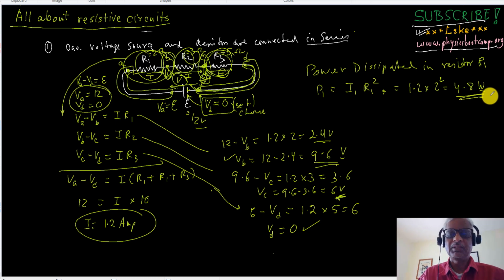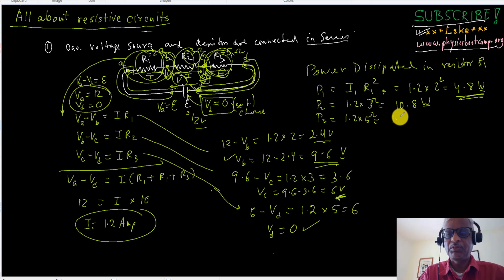That's the rate at which it is giving out the power, and P2 will be similarly 1.2 times 3 squared, which is 10.8 watts, and P3 will be 1.2 times 5 squared, which is 1.2 times 25. 25 times 1 is 25, and 25 times 0.2 is 5, so 30.